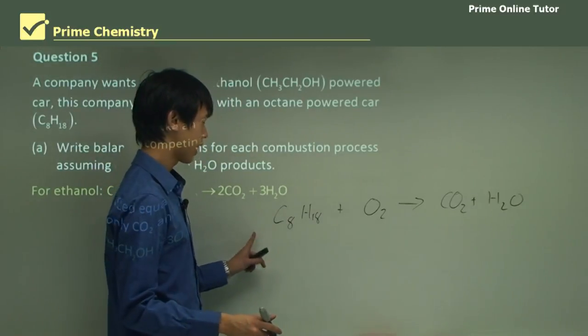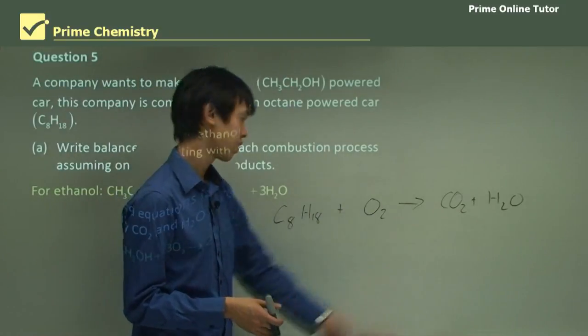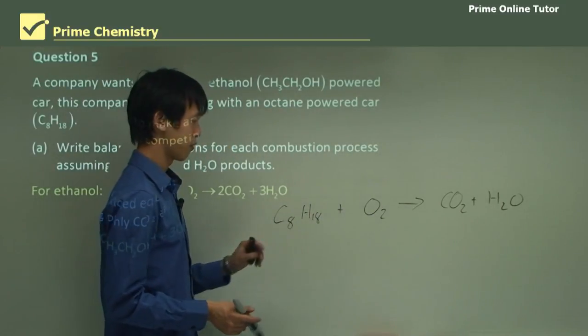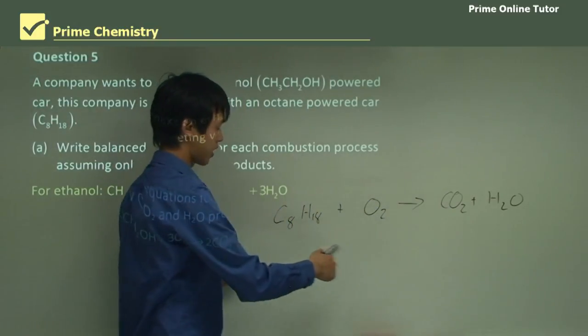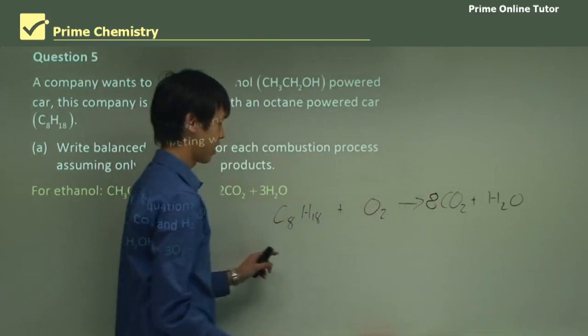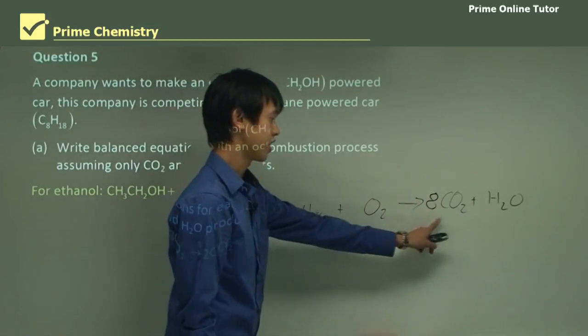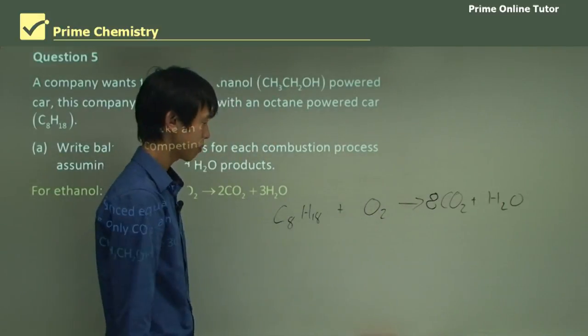So we'll first balance for carbon. I always balance in this order: carbon, hydrogen, oxygen. So we balance carbon first. There's 8 on this side, 1 on this side. So how many times does 1 go into 8? Well, it goes in 8 times. And you see that there's 8 here, 8 times 1, which is 8 here. Okay, so we're balanced.